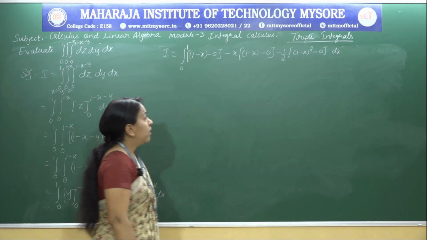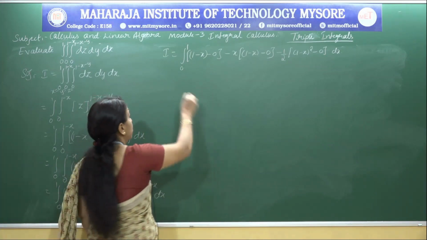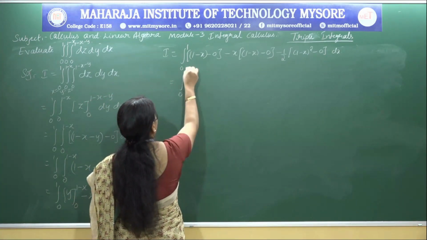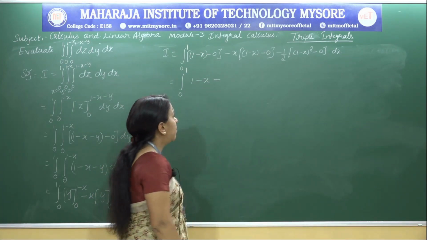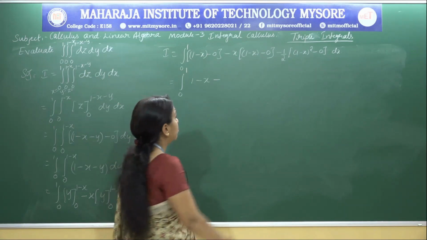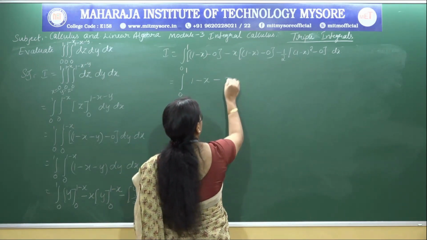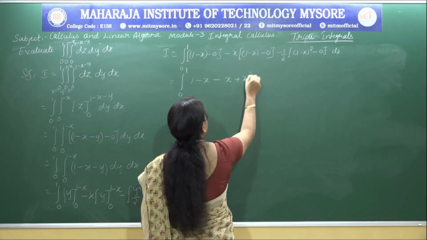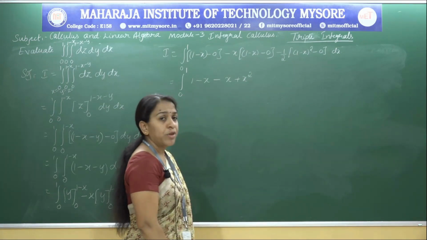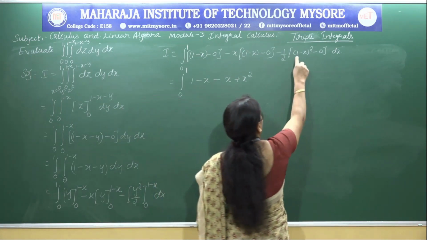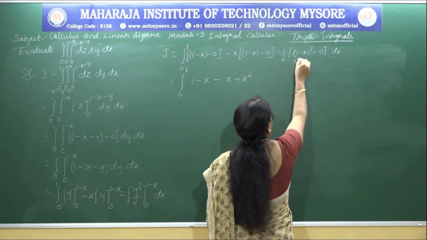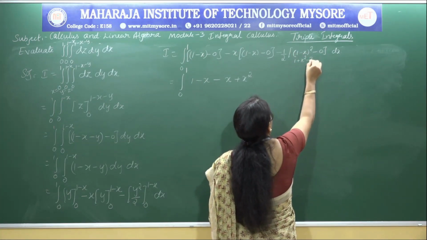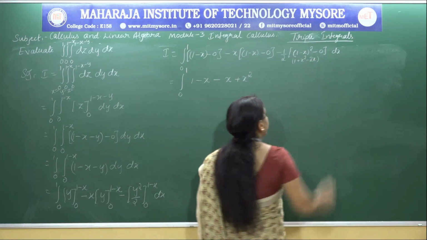Now simplify and then integrate with respect to x, that is integral 0 to 1, 1 minus x minus, I can multiply x with 1 minus x, that is x into 1 is x, minus x into x is x square, and I can expand this 1 minus x whole square using the a minus b whole square formula, that is 1 plus x square minus 2x.